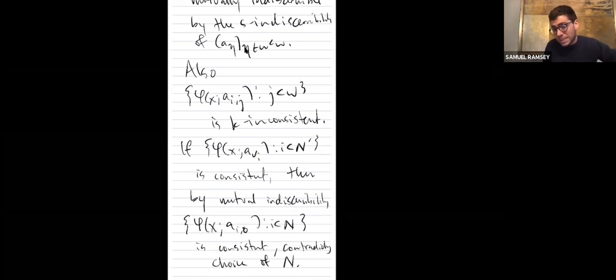So what was n? n was the first place where we can find no mutually indiscernible array such that the 0 column is consistent and then the rows are k inconsistent.